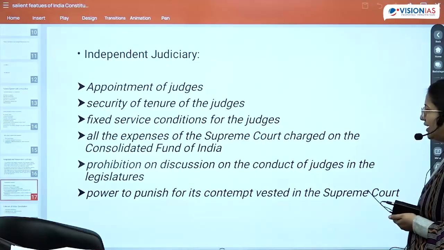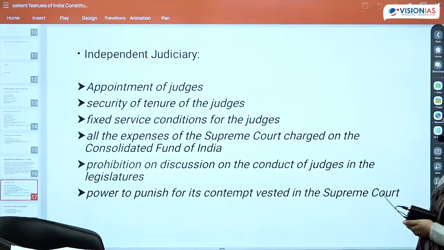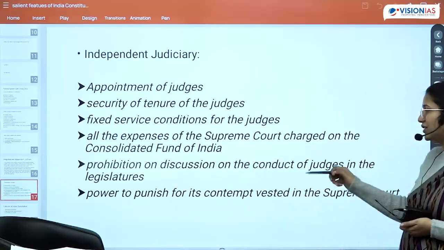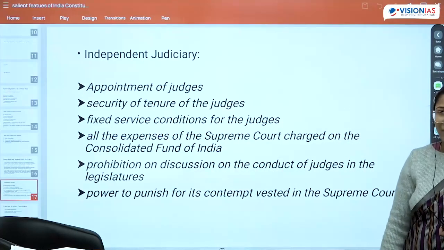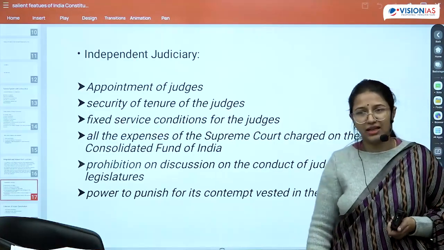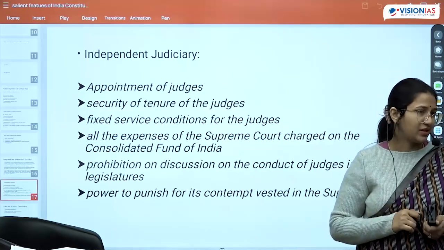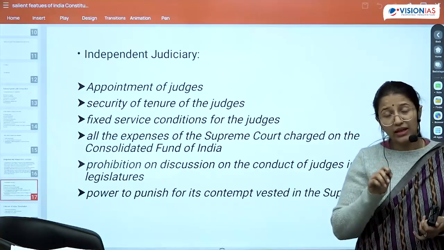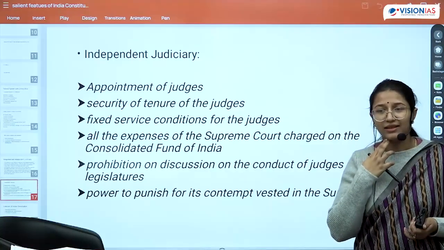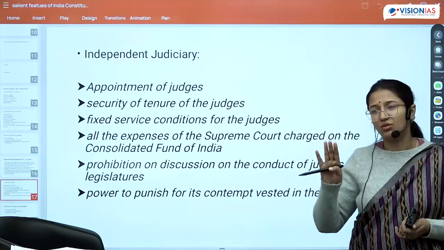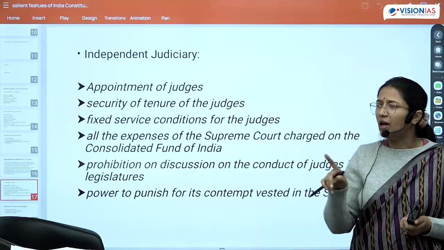Fine. So these are some of the ways in which you find that independence of the judiciary is maintained. Also, one important condition is prohibition on the discussion on the conduct of the judges in the legislature. You cannot discuss how the judge is conducting himself as part of the parliament or the state legislative assemblies. Only if there is a bill or a motion which has been put forward for removal of the judge, only then can you discuss his conduct.